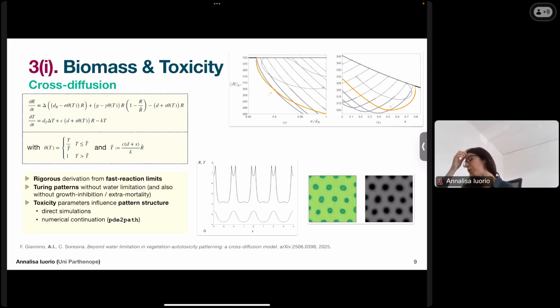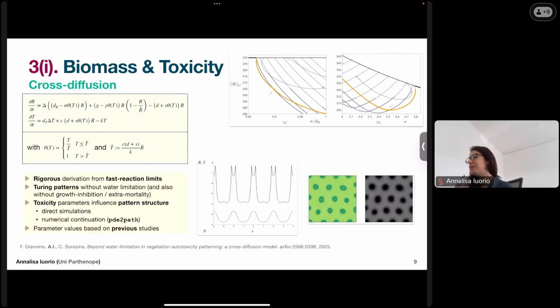And we could also confirm this and investigate this further numerically, both in terms of direct simulations, which is what you see at the bottom in 1D and 2D, but also doing numerical continuation using the software pde2path, which is a very powerful tool to do bifurcation and continuation for PDE systems.